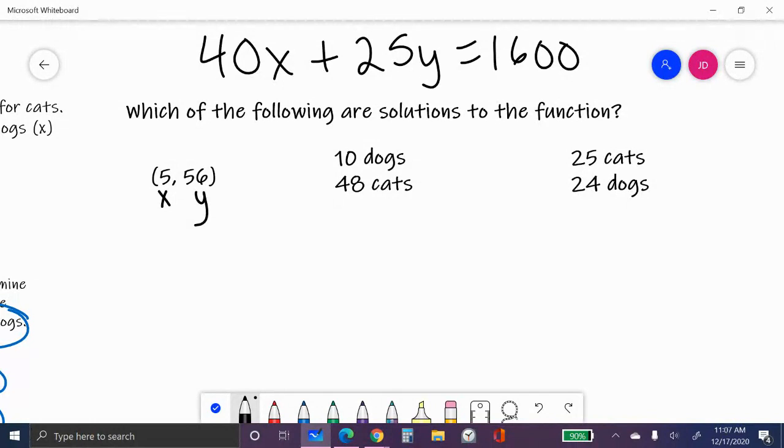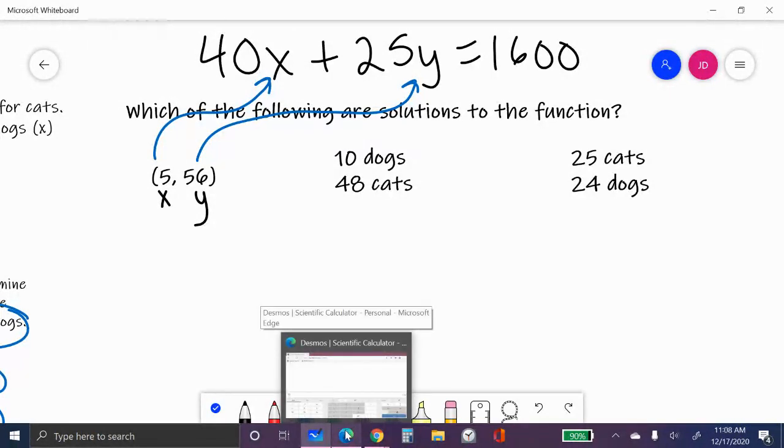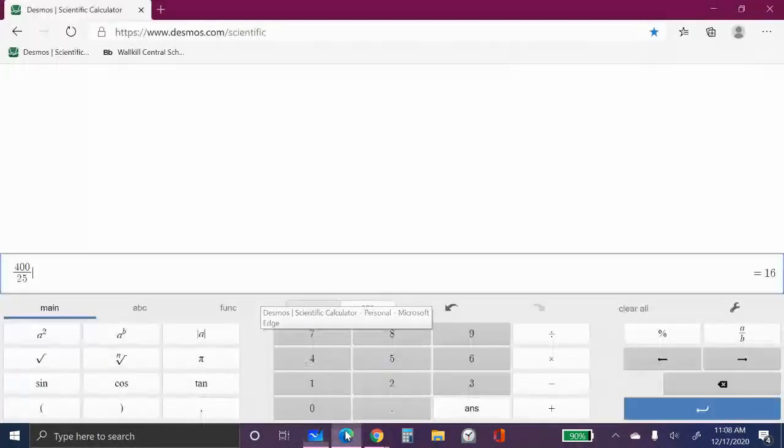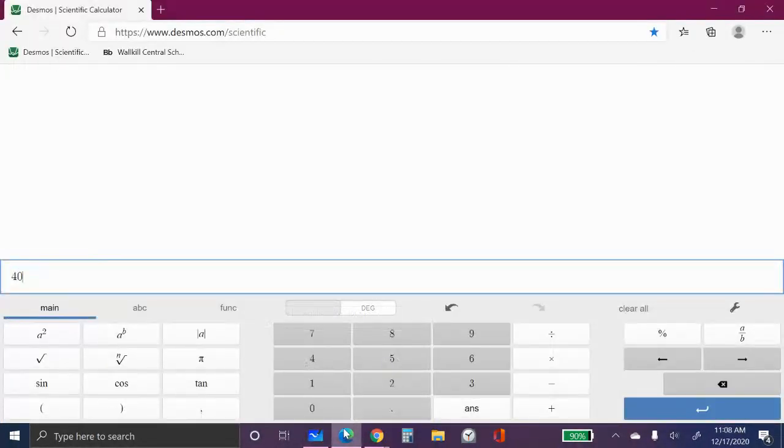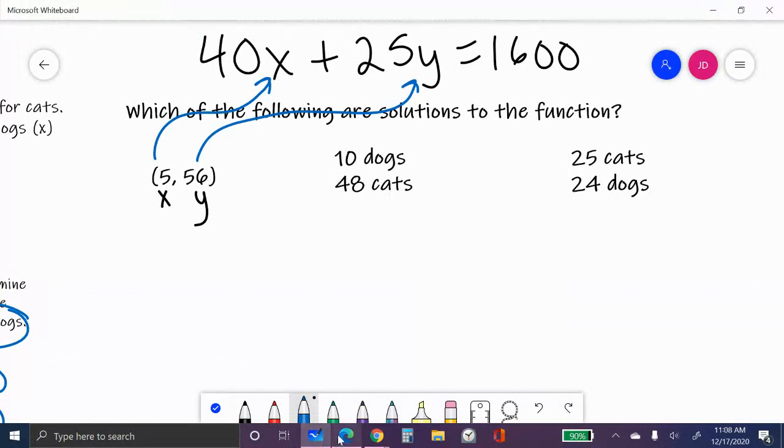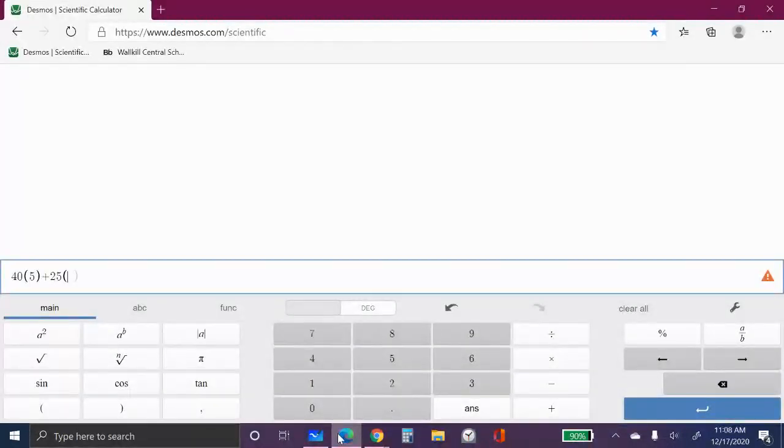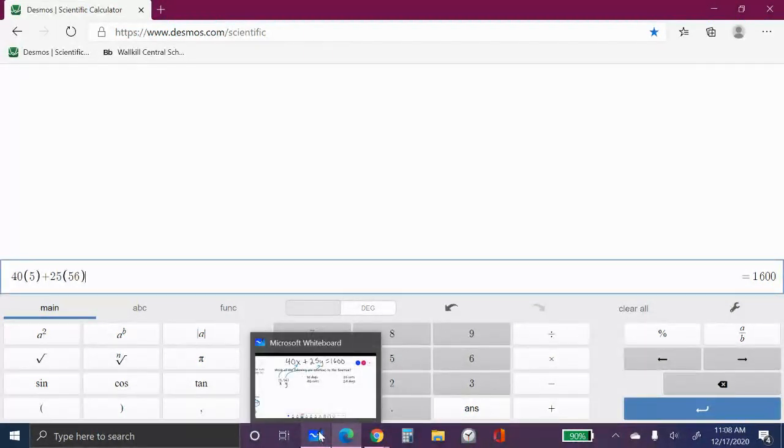And I'm going to plug those in to my x and my y, and see if that equals 1,600. You could use the calculator to help you. 40 times 5 plus 25 times 56. Yes, that is a solution.